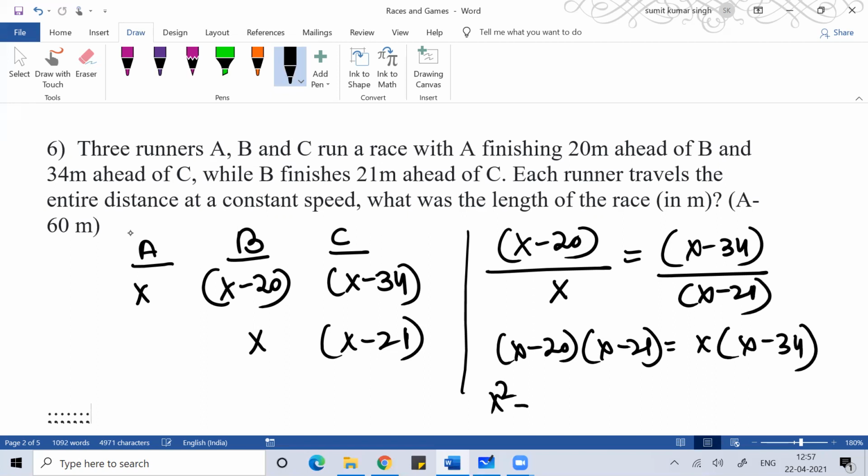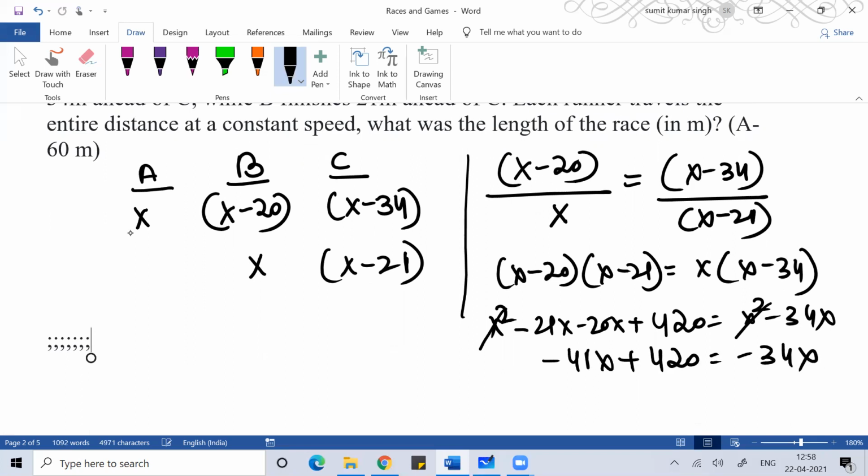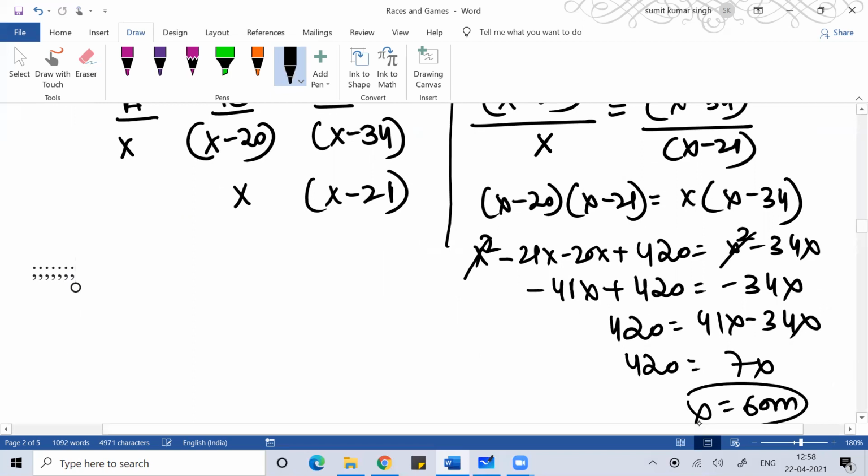This is x square minus 21x minus 20x plus 420 is equal to x square minus 34x. So x square cancels, and minus 41x plus 420 is equal to minus 34x. So 420 is equal to 41x minus 34x, so 420 is equal to 7x.